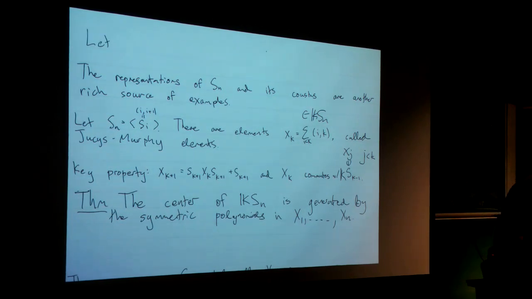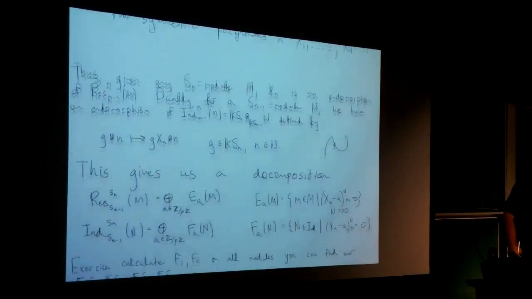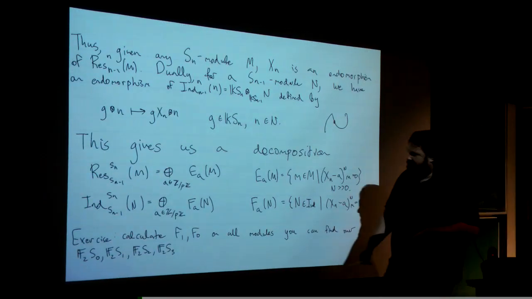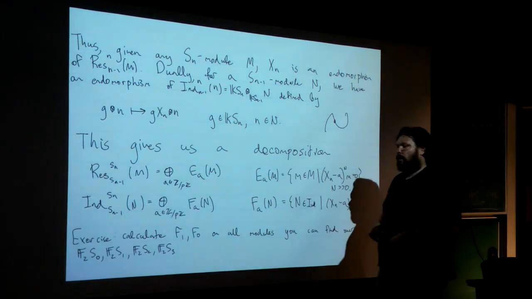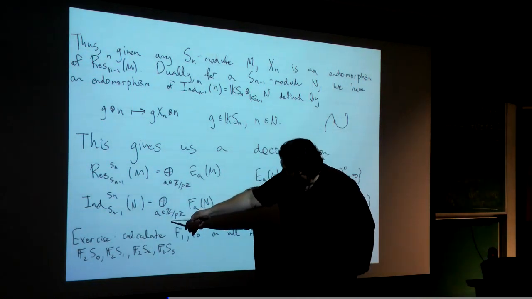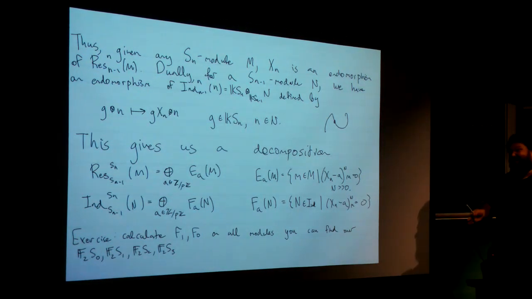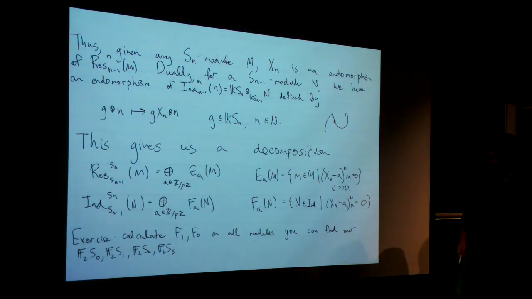Throughout, let K be a field of characteristic P greater than or equal to 0. So I include characteristic 0. It turns out the eigenvalues are all in the integers. And so the restriction and the induction break up as a sum over the elements of Z mod P. And of course, remember, if P is 0, that just means over the whole integers.